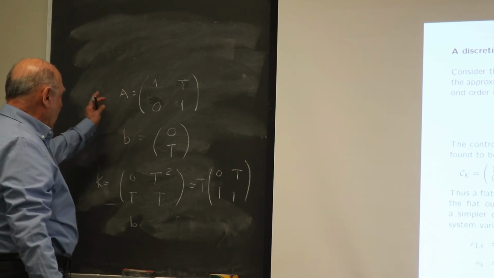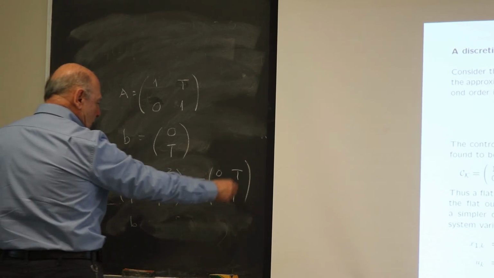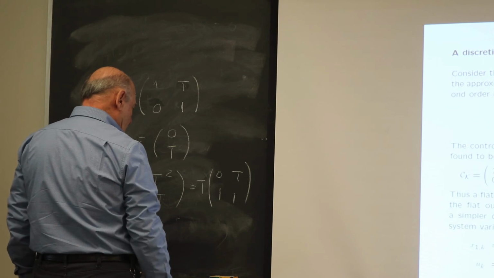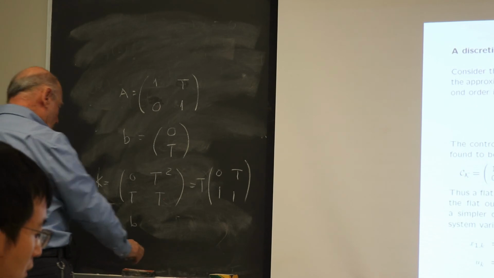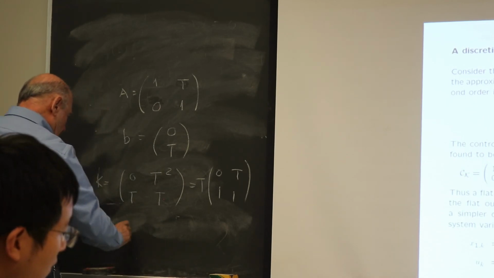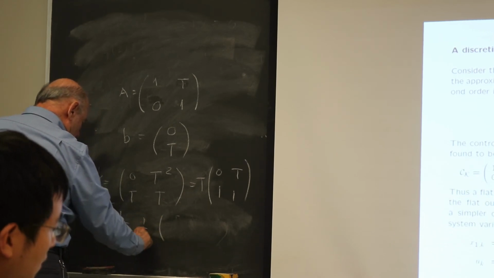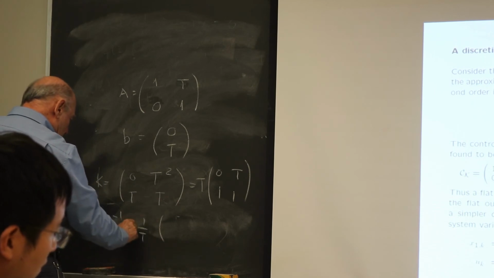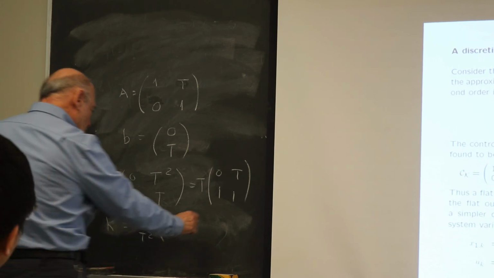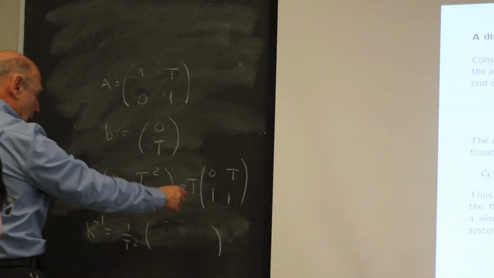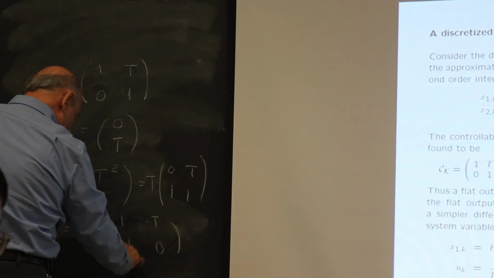So that's B and A times B. So this matrix is invertible because the determinant is just minus T, and therefore the inverse of the Kalman controllability matrix will have 1 over T here, and minus 1 over T of the determinant. You'll have 1 minus 1 over T squared. And then you will have the inverse of that, which is 1, 0, minus T, minus 1.